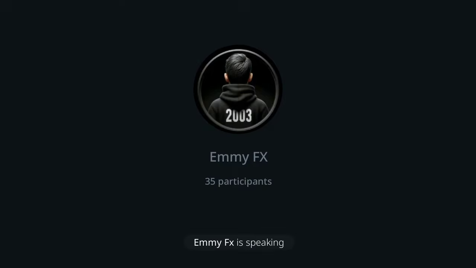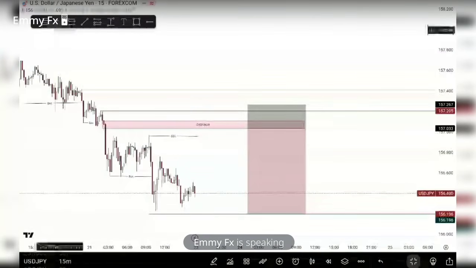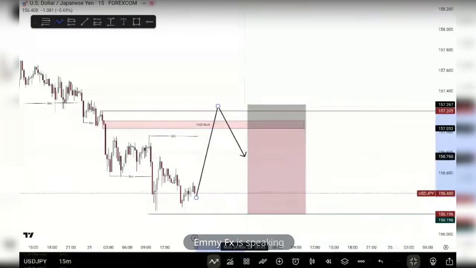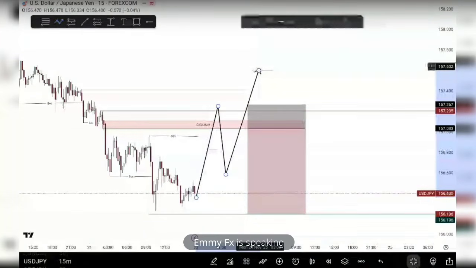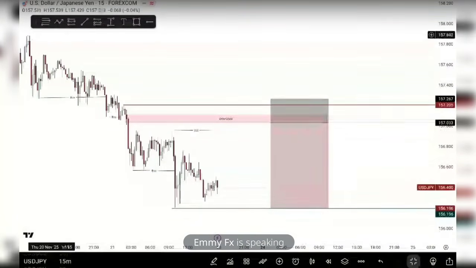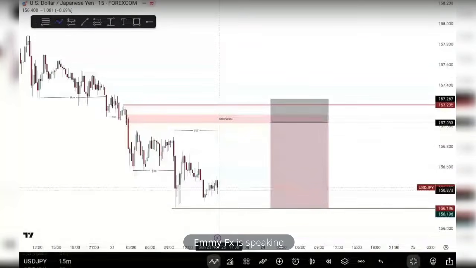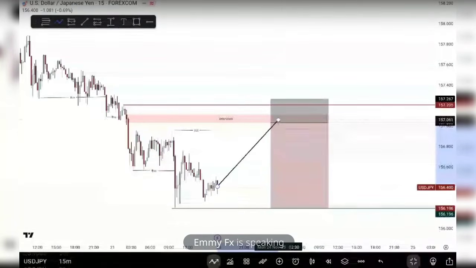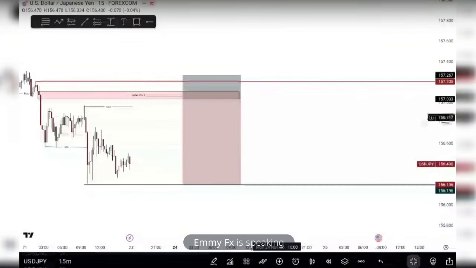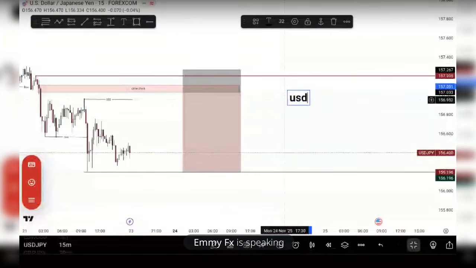But I also want to let you know that we are just speculators in the market. Price could take out liquidity before reversing, or before moving lower. But since we know the structure of the market, we have confluences that guide us. I need price to tap from here before moving to the downside. So I'm going to call out a second coordinate on USD JPY, and that's why you always need to trade with proper risk management.